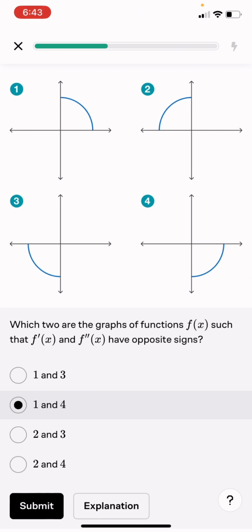So 2 and 4 and 1 and 3 are just opposite, so I think they're out of the question. So it's either 1 and 4 or 2 and 3.